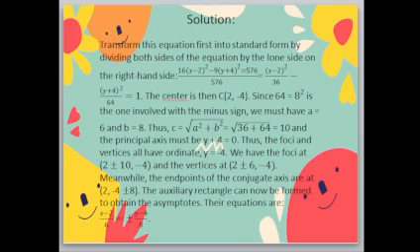Minus 9 divided by 9 is 1, so we have (y plus 4) squared and 576 divided by 9 is 64. And 576 divided by 576 equals 1. So we have already transformed the equation into standard form. It should be equal to 1.